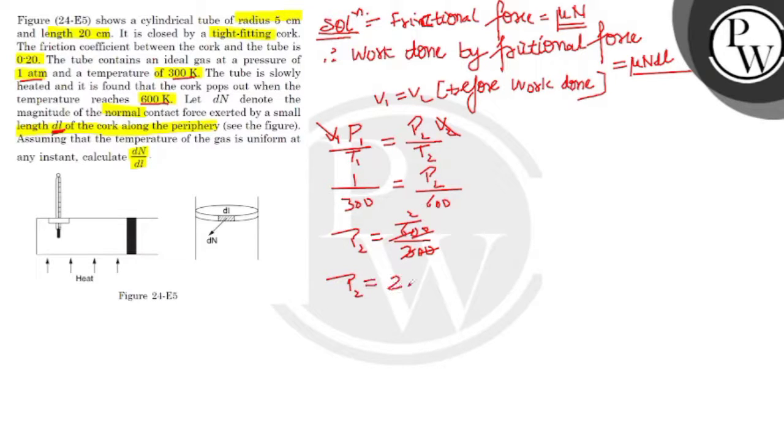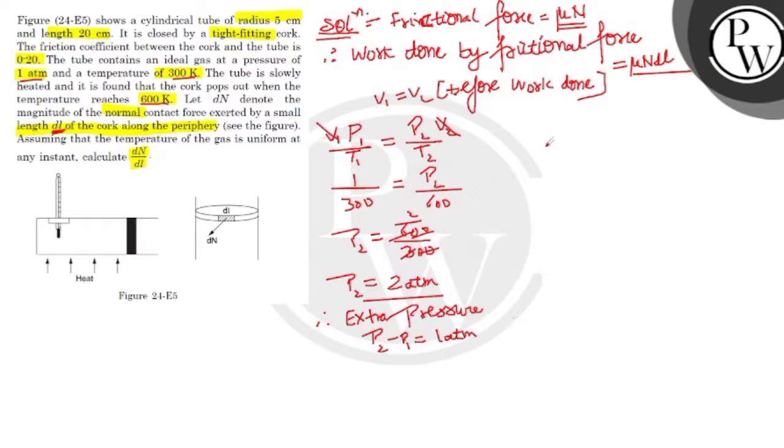So the extra pressure is equal to P2 minus P1, which is equal to 1 atmosphere.